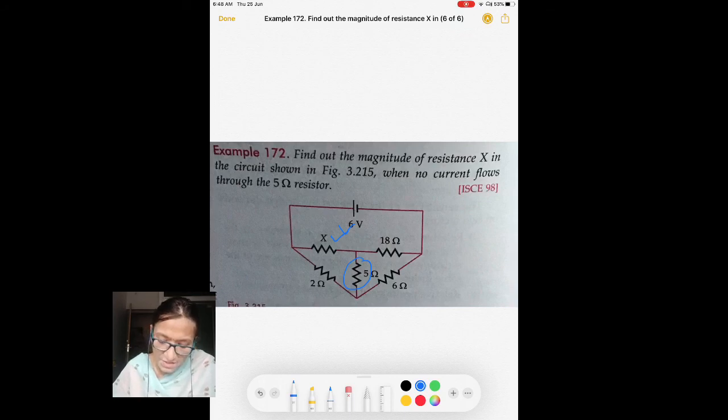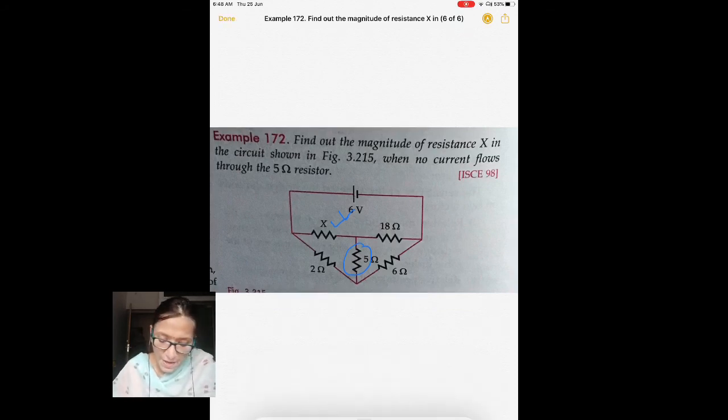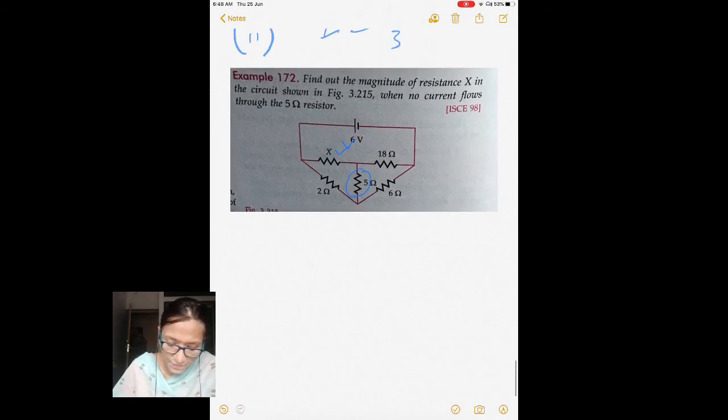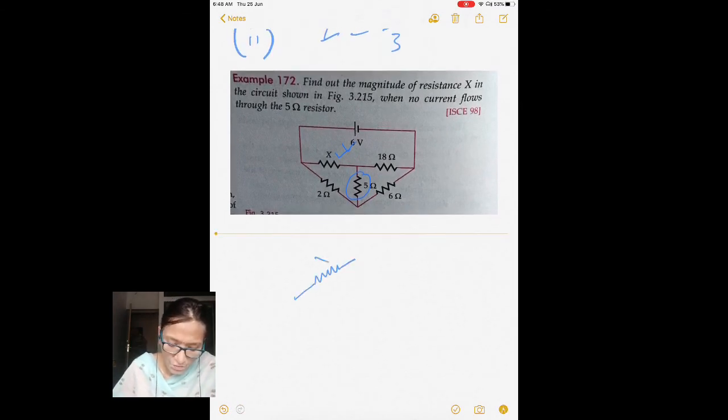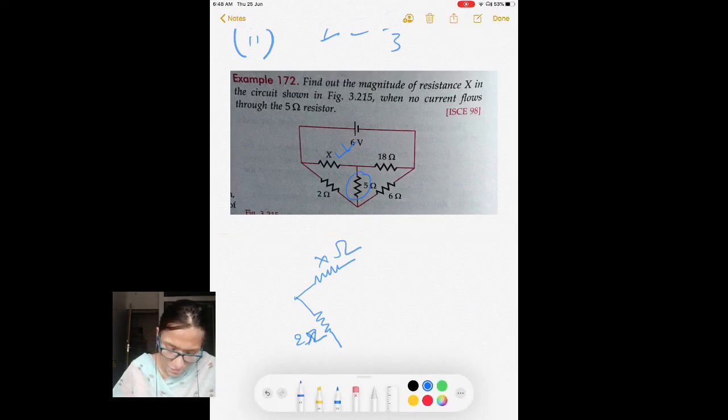So this is the same as a balanced Wheatstone bridge. X ohm, 2 ohm, here you have 18 ohm, and here you have again 6 ohm, and from the middle arm no current.